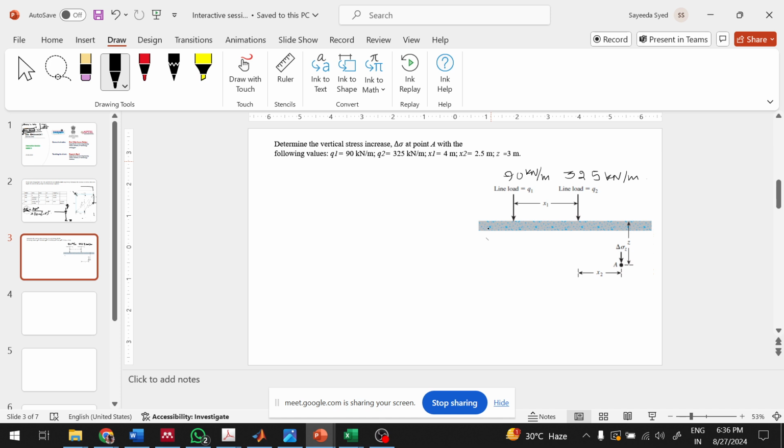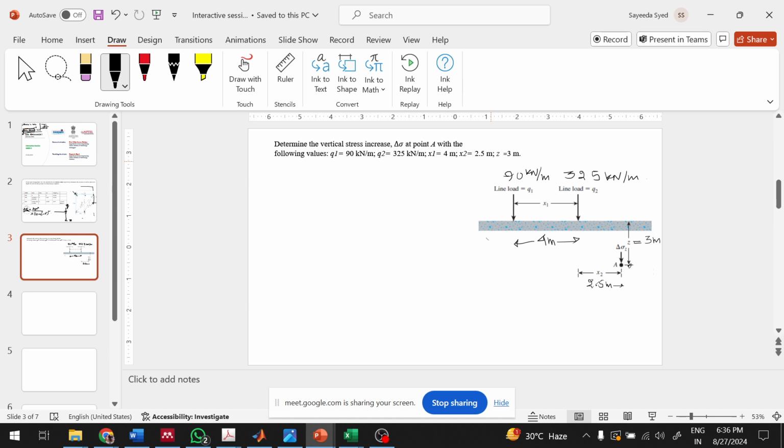And we have x1 which is 4 meter, and x2 which is 2.5 meter. Okay, and then we have z which is 3 meter.